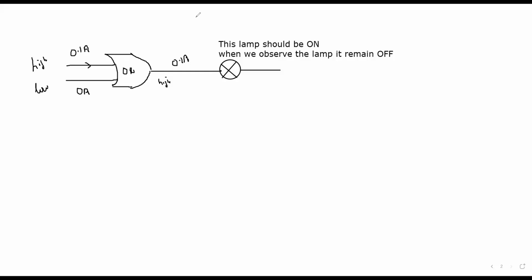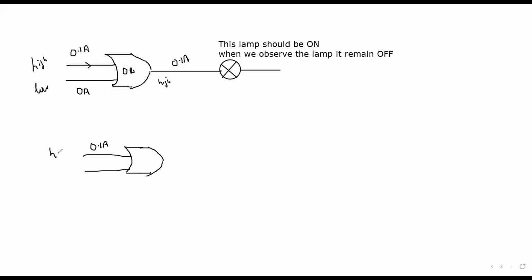So what we can do, instead of directly connecting this lamp to the output of the OR gate, is connect a relay and a high voltage supply. Here it is 0.1 ampere.